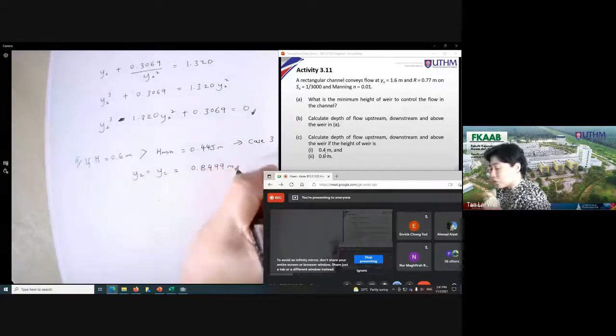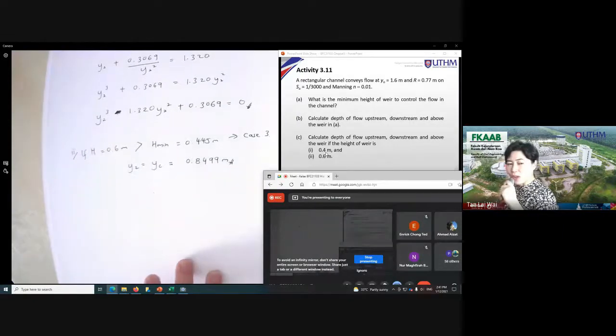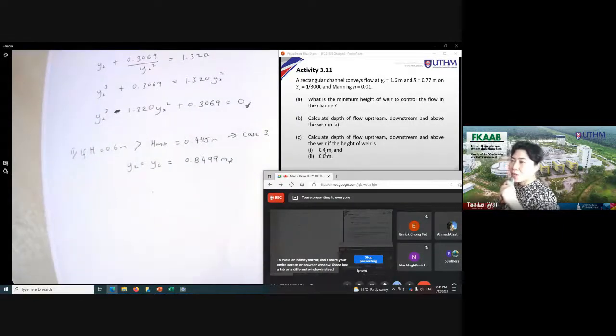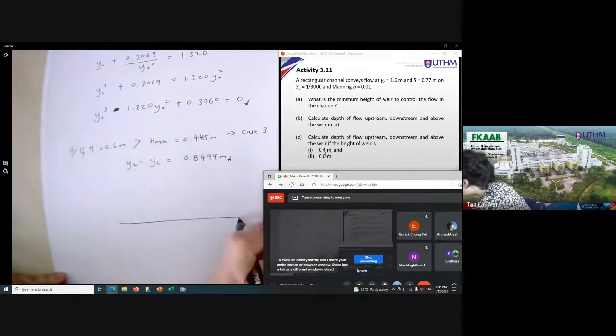So I don't need to solve for y2 already. I need to solve for y1 and y3. Now remember, regardless of the initial condition, whether it's subcritical or supercritical state of flow, when it is case 3, y1 would be in subcritical state and y3 is in supercritical state. If you still remember, right?